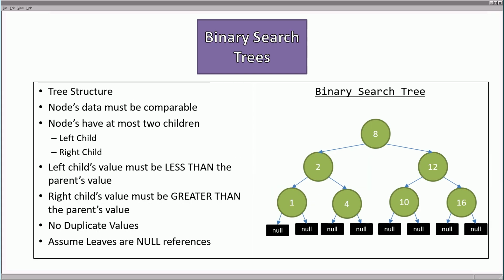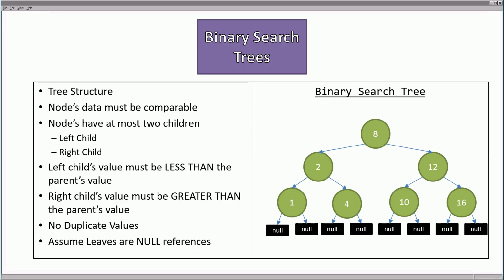Then we established a specific kind of tree called the binary search tree. Specifically with the binary search tree, the node's data has to be comparable in some way. For each one of the nodes, a binary search tree only has at most two children, a left child and a right child.